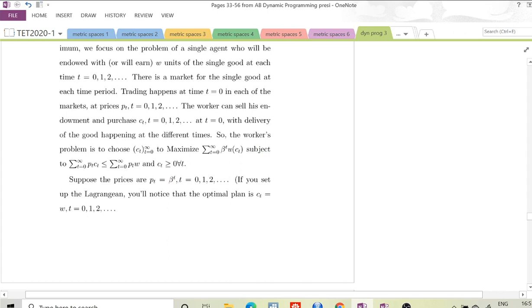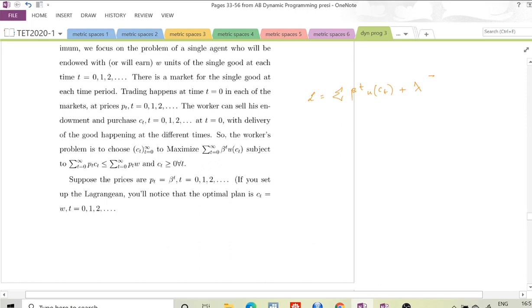If you were to write down the Lagrangian for this problem, it'll be something like that plus, let's say I ignore non-negativity here, because this is nice, strictly increasing, strictly concave, etc., and it meets the Inada conditions, so you don't have zero consumption.